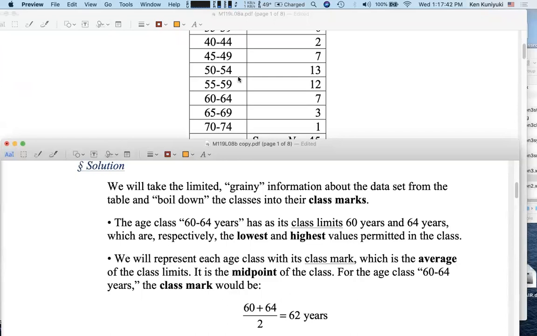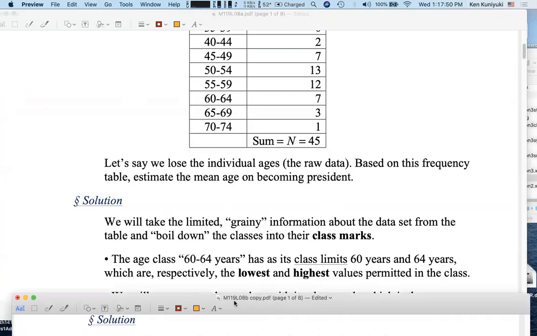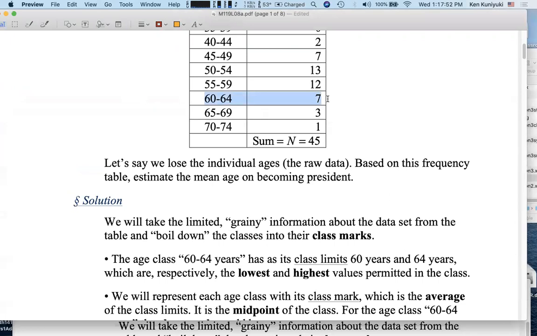They're kind of grainy. So we had 7 presidents who were in their early 60s, okay? Now here's the thing. Given that we had 7 presidents in their early 60s, when we estimate the sum and then the average, how could we treat these 7 ages?